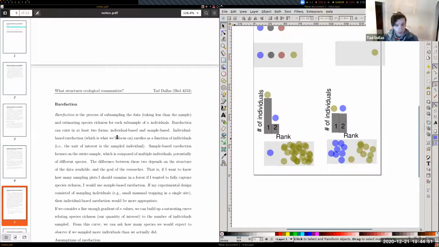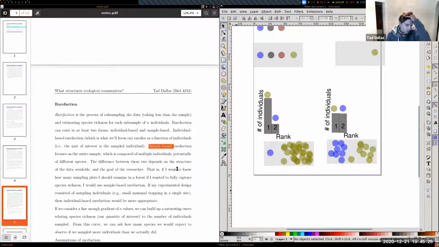Okay, I differentiate between individual-based and sample-based rarefaction. So what I just defined, where we subsample our data in groups, is called sample-based rarefaction. That involves subsampling the data, seeing what the diversity is in that subsample, and then using it to interpolate the diversity given some level of sampling effort.